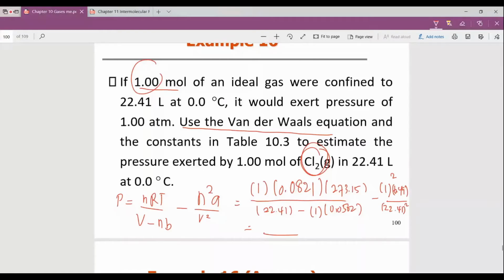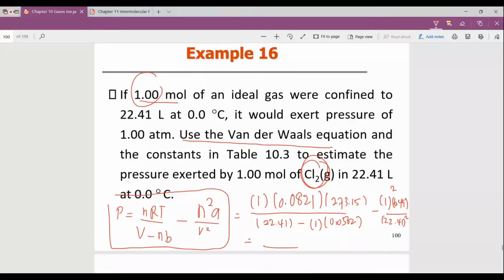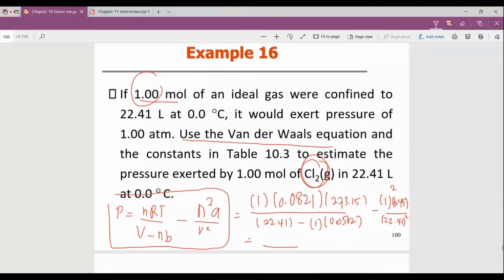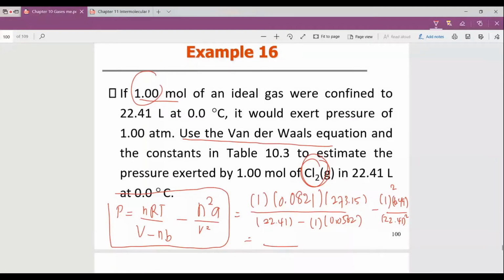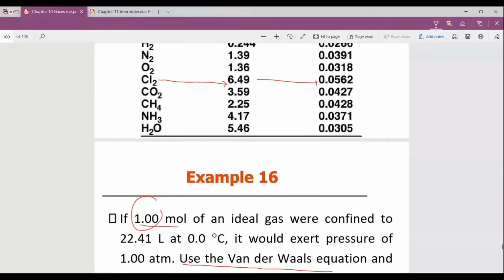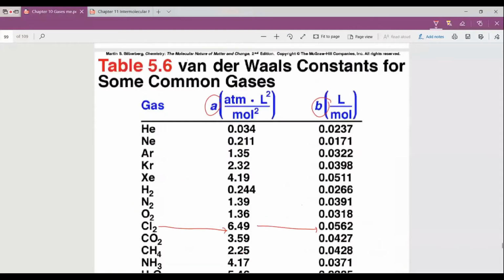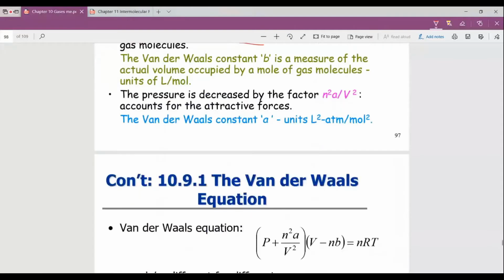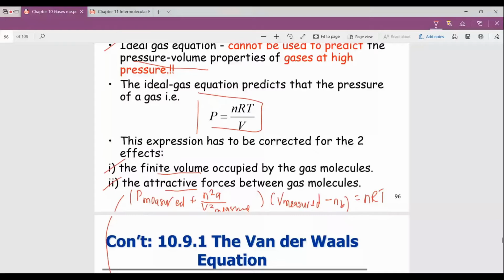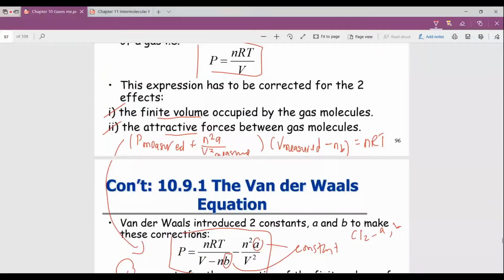This is the corrected formula when we have higher pressure. At higher pressure, molecules will be close to each other. As a result, there will be an attractive force. That's why we need to subtract the correction factor here. From these equations, the P measured plus n squared a over V squared, this is actually PV equals nRT.